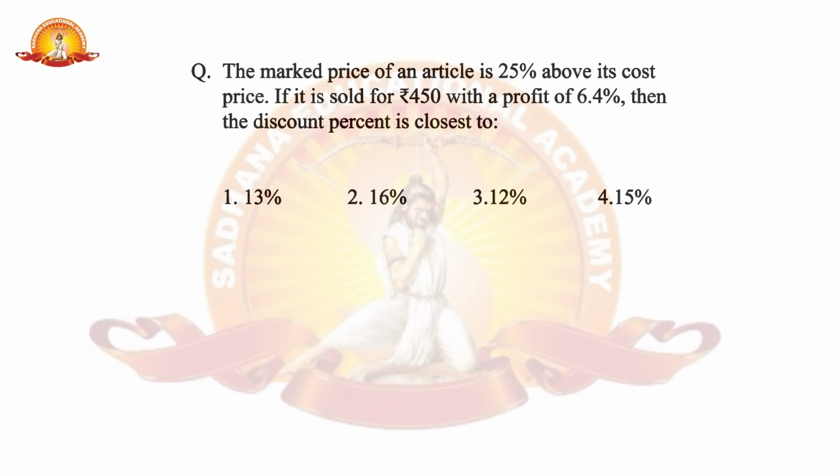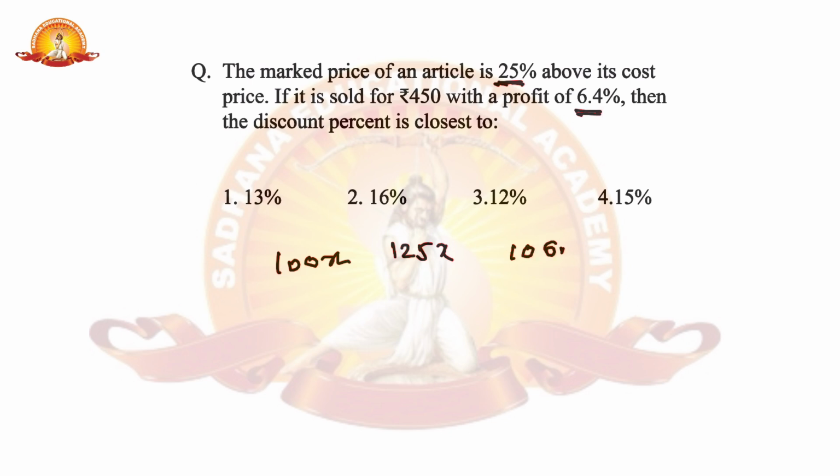The market price of an article is 25% above its cost price. If it is sold for 450 rupees with a profit of 6.4%, then the discount percentage is closest to? Let me suppose the cost price is 100x, the market price is 25% above, so therefore 125x, and the profit is 6.4x.